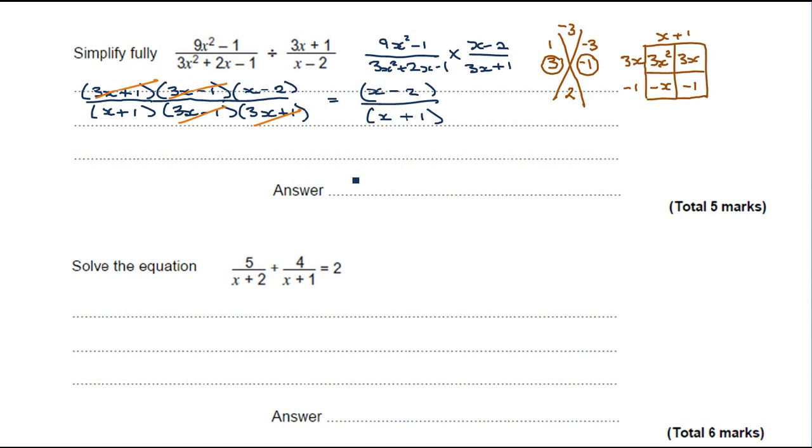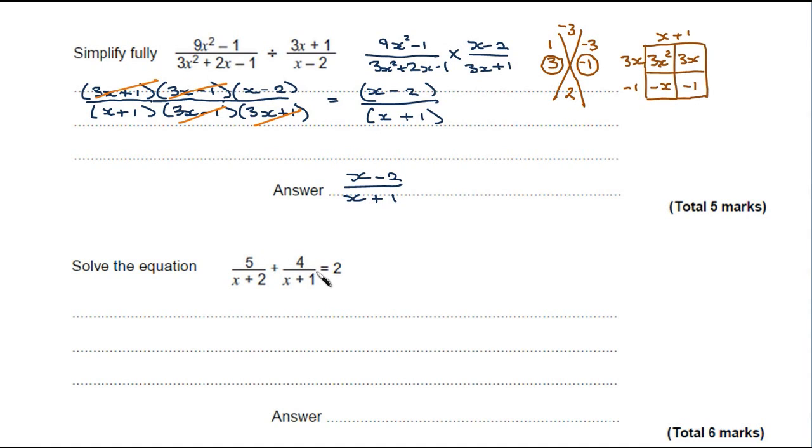That means I'm just left with x minus 2 and x plus 1. And to finish, I can just drop the brackets, giving my answer as x minus 2 over x plus 1.